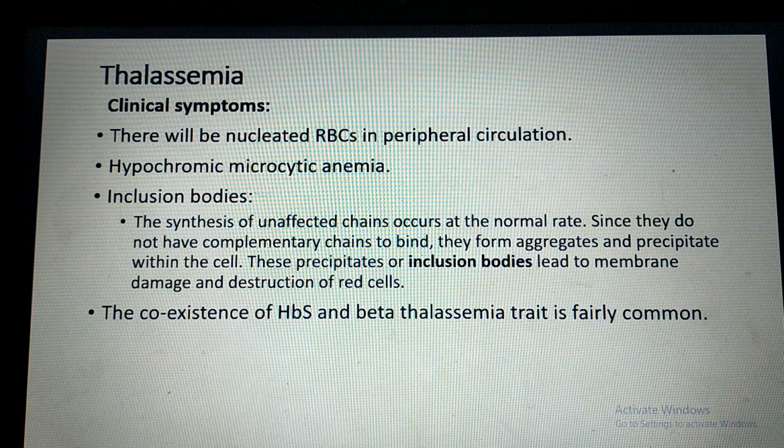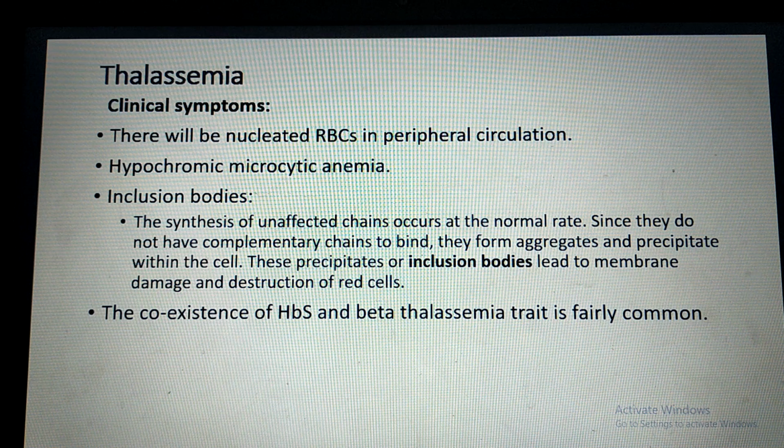You can see nucleated RBCs in the peripheral circulation. Normally mature RBCs do not have a nucleus, but here in thalassemia premature RBCs enter into the circulation. There is hypochromic microcytic anemia. When you observe under the microscope, the normal color of RBC is reddish.